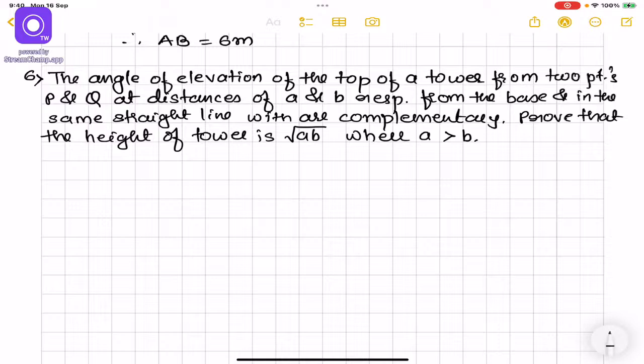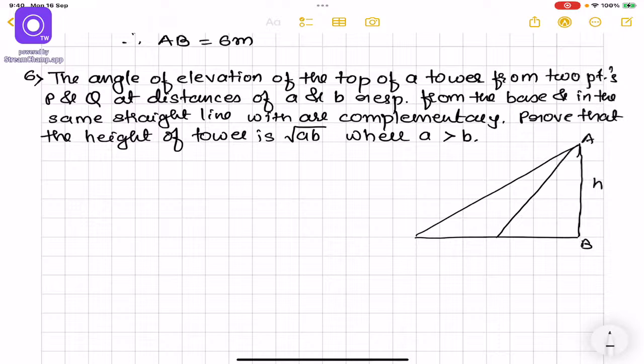So, here I am taking AB as a tower, A, B, this is H, this is Q, this is P. This is theta, this is 90 minus theta.